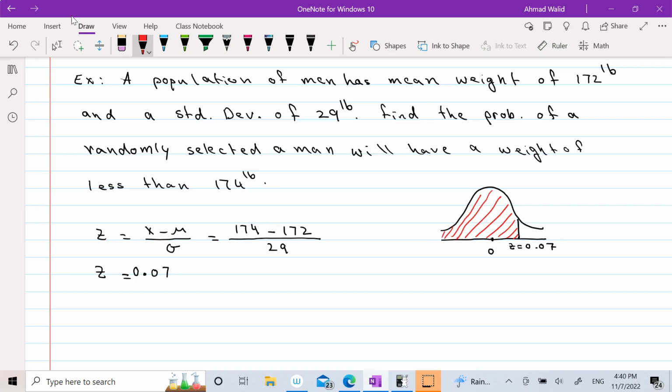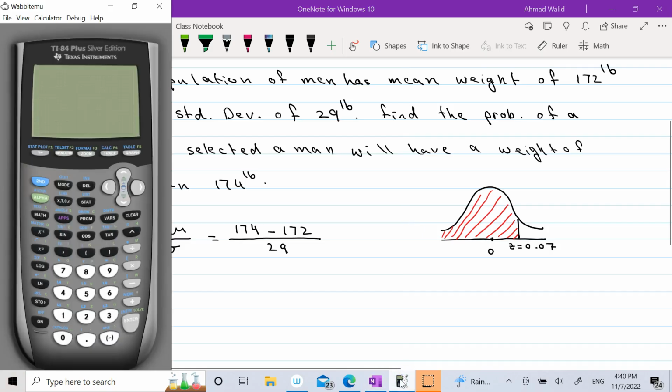In your table, you have to go find this z-score of 0.07, then read the area from the body. We did it before. Now, today I will show you in calculator how easily you can find this shaded area. Turn on your calculator. First, second, let me clear first my calculator.